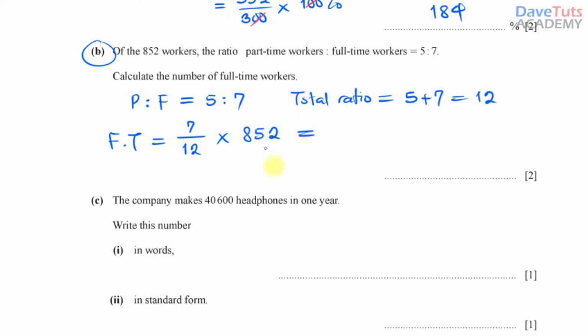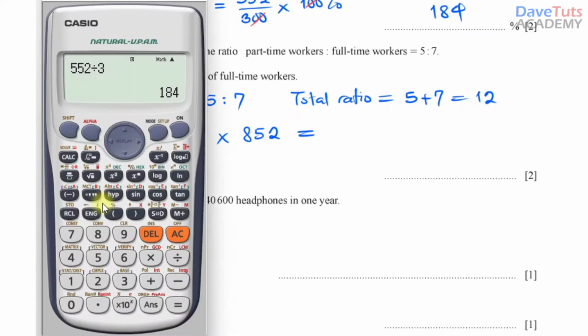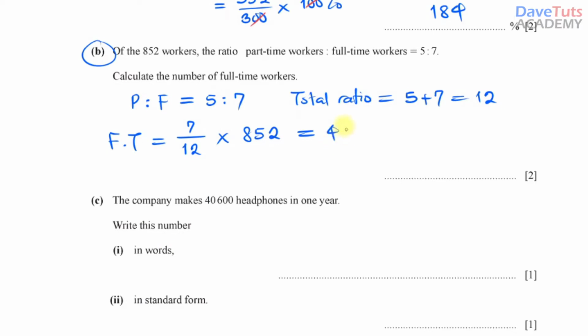This is what we need to put into our calculator: 7/12 multiplied by 852. That gives 497. So 497 is the total number of full-time workers in this company.